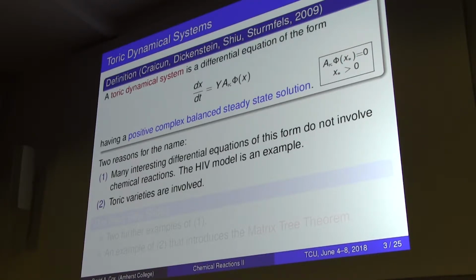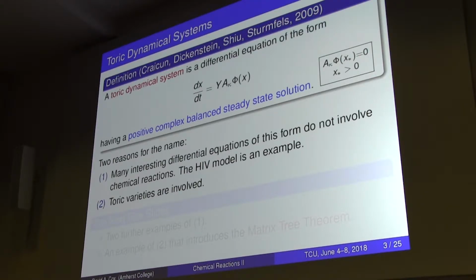So I want a steady state solution and I want it to be complex balanced. Remember that this is the complex balancing one, so I basically want this vector that we get of all our monomials, when I evaluate that at the steady state, I want not only this to be zero, but I want to actually make this part equal to zero, so it's the complex balancing situation.